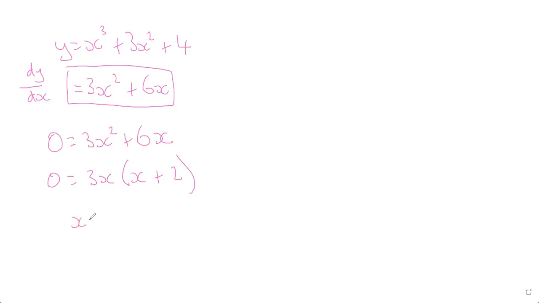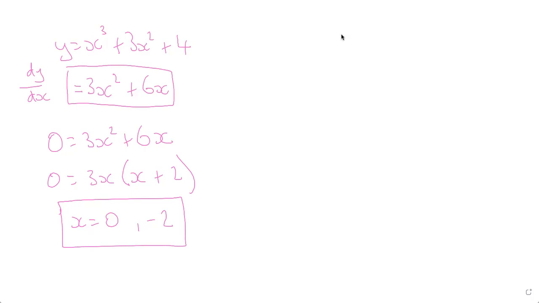Well, it has to be 0, right? 3 times 0 would be 0, which would make this 0. What does x have to be to make this section equal 0? Well, it's got to be -2, right? So -2 plus 2 would be 0. So my two solutions are x equals 0 or -2. That is where the two stationary points are of this graph.